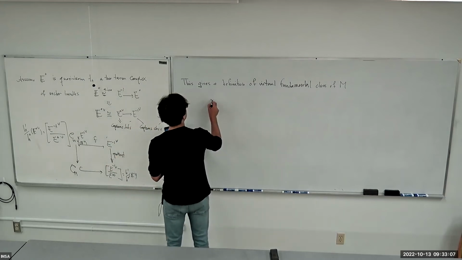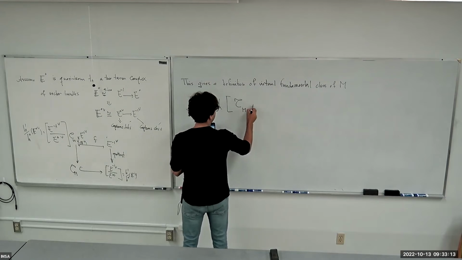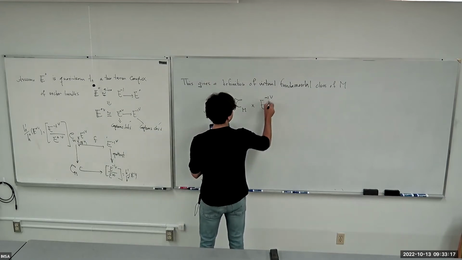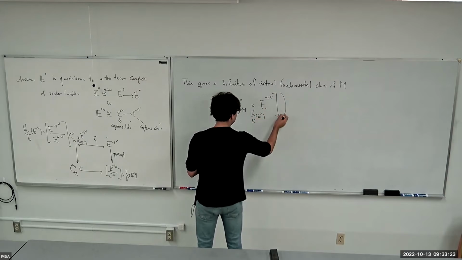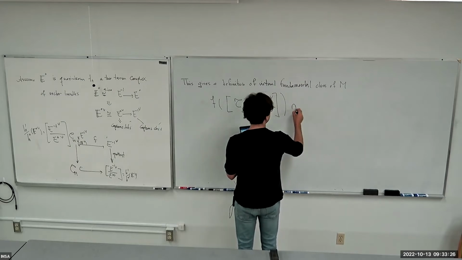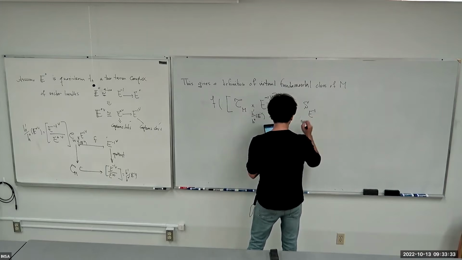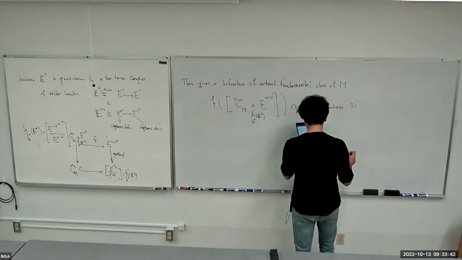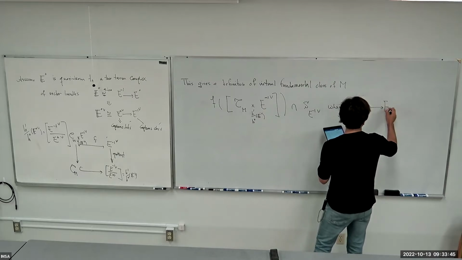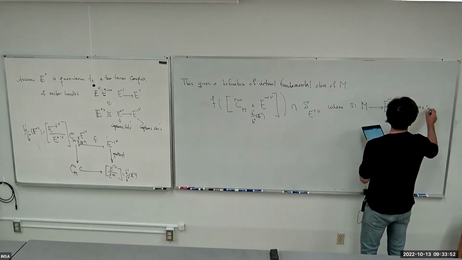So I would look at F of the class of this fiber product over H1 over H0 of E dot dual, and I intersect it with S of E minus 1 dual, where S from M to E minus 1 dual is the 0 section.